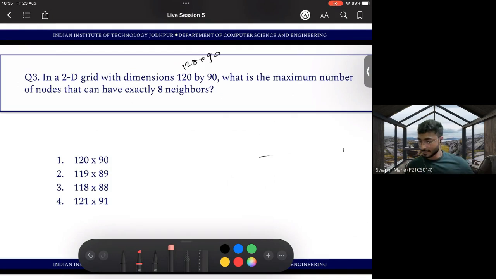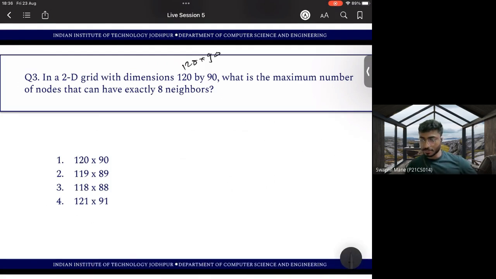We have to find out the maximum number of nodes that can have exactly eight neighbors. This is one abstract calculation that we need to select.